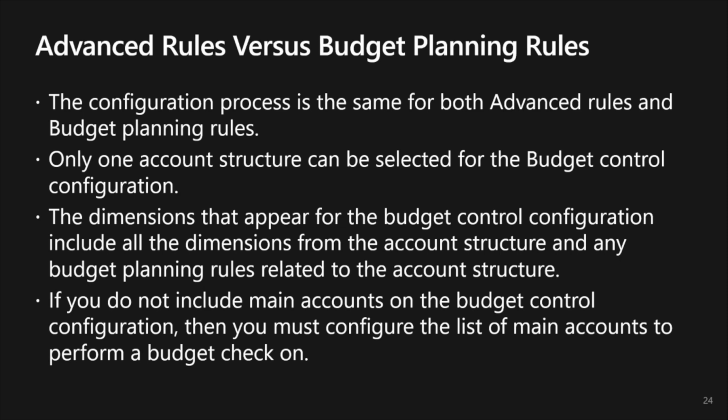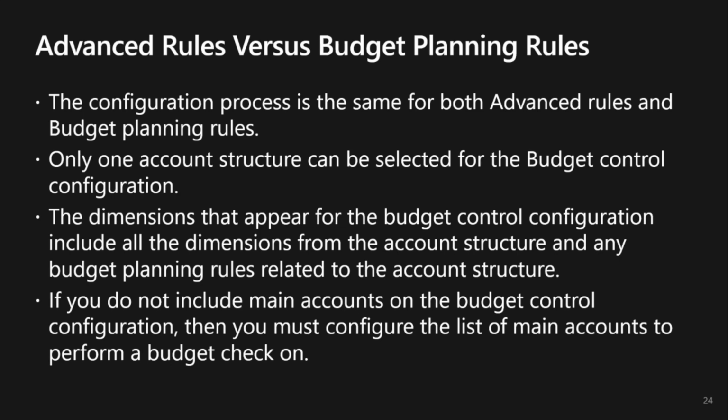Another important thing to note about your budget planning rules is that if you do not include main accounts on the budget control configuration, you then manually select which main accounts to perform a budget check on.